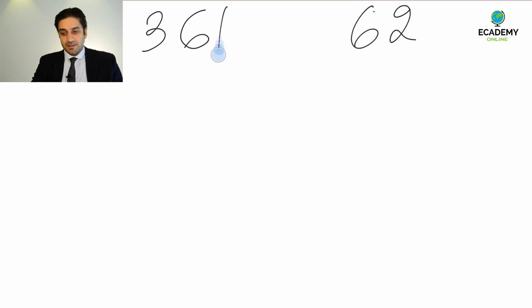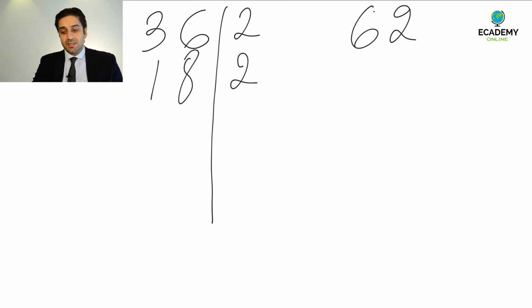All right, 36 goes into 2 18 times, which goes into 2 9 times. 9 does not go into 2, it goes into 3 3 times, and 3 goes into 3 once.